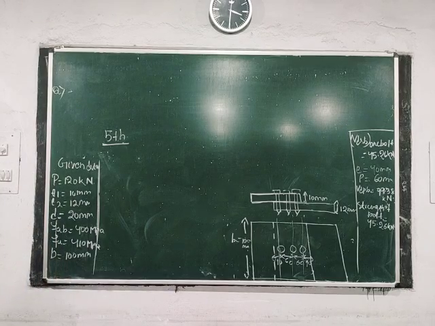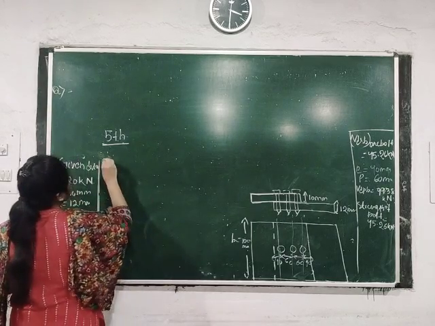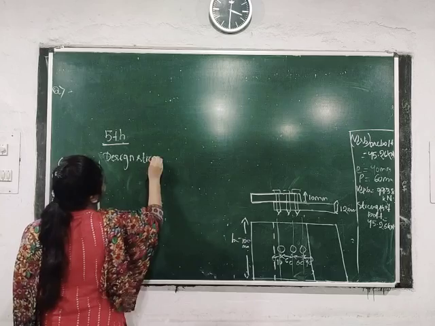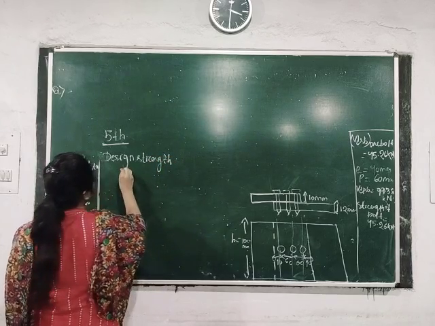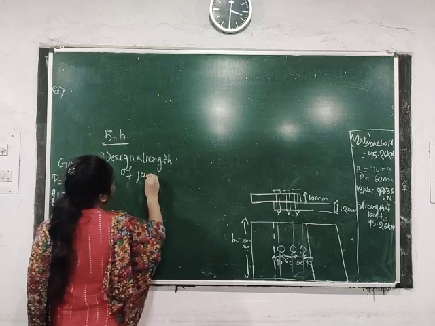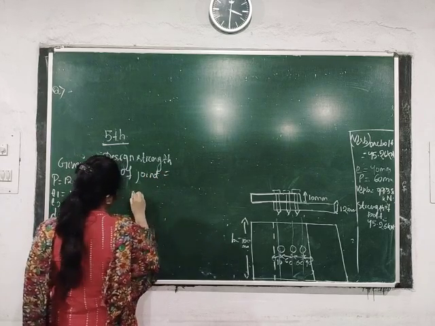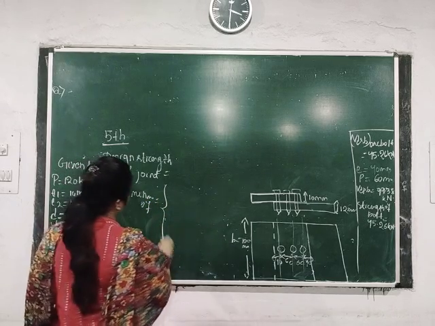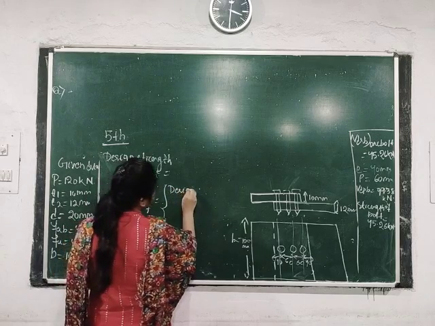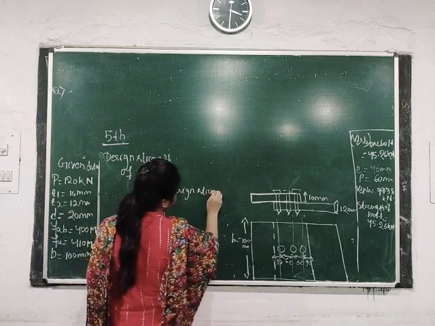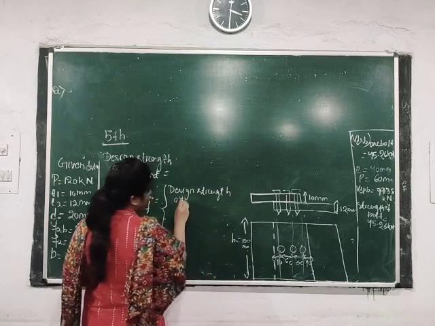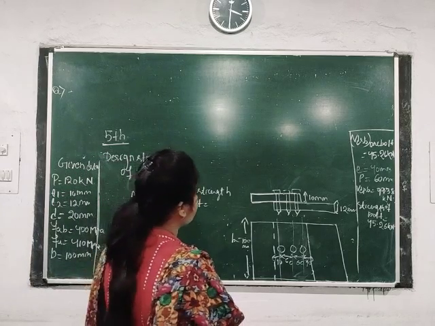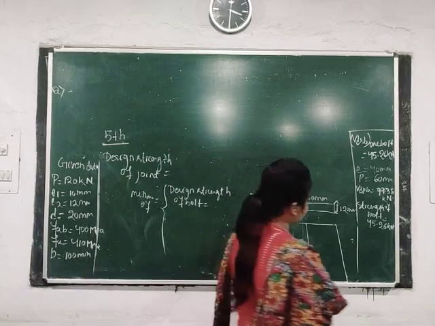So, the design strength of the joint is the minimum of the design strength of bolt and the rupture strength of plate. We have calculated the design strength of bolt for one bolt only, but the number of bolts required is 3.